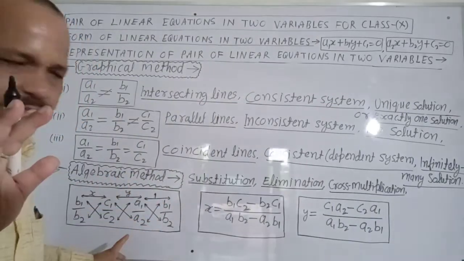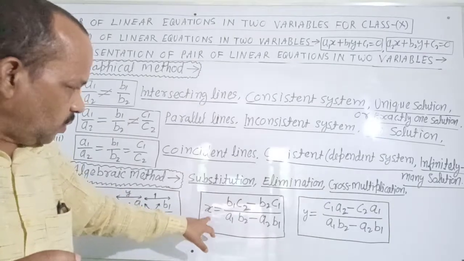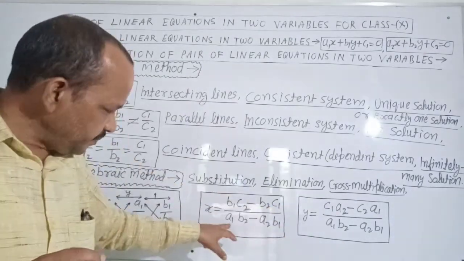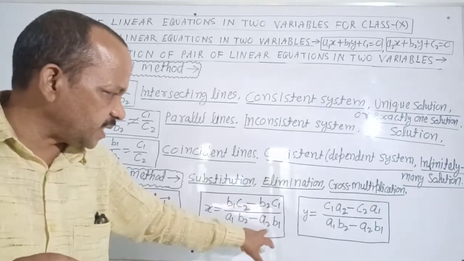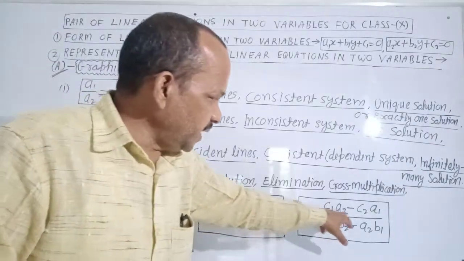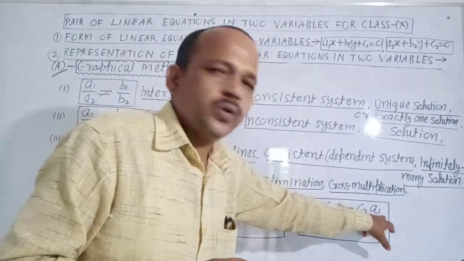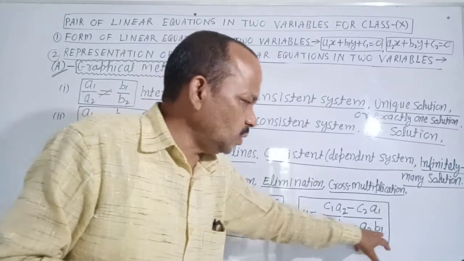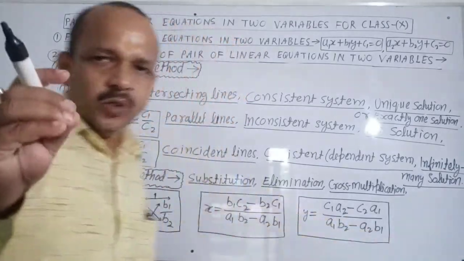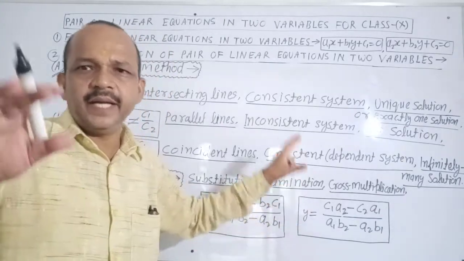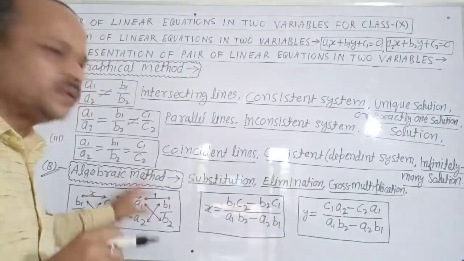It is clear? Here x equal to b1 c2 minus b2 c1 upon a1 b2 minus a2 b1. y equal to c1 a2 minus c2 a1 upon a1 b2 minus a2 b1.